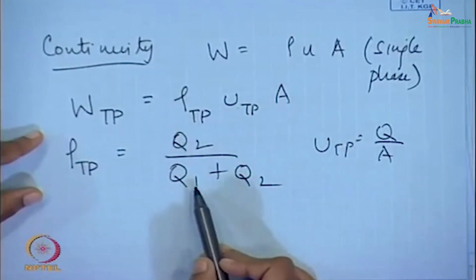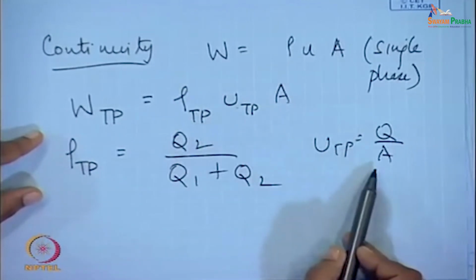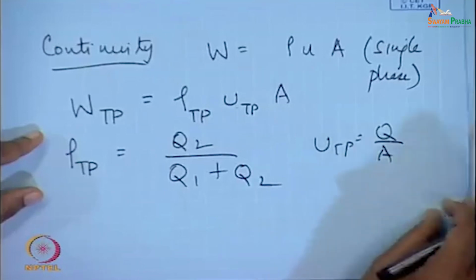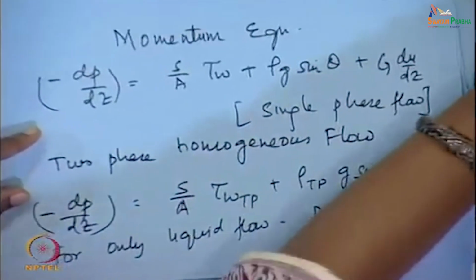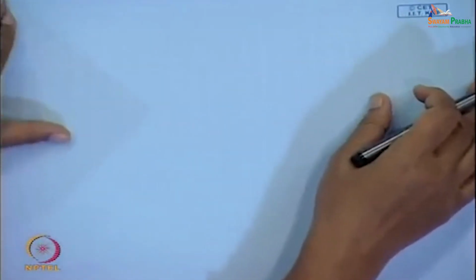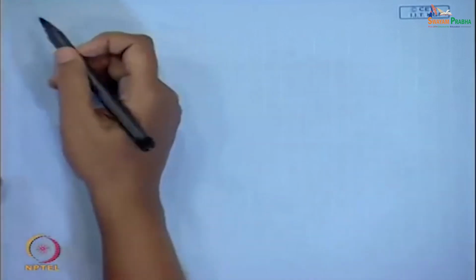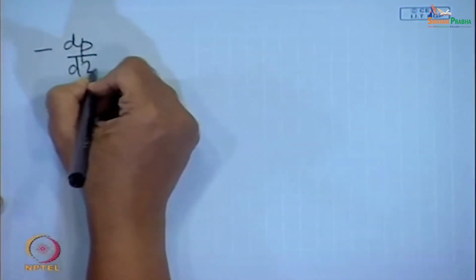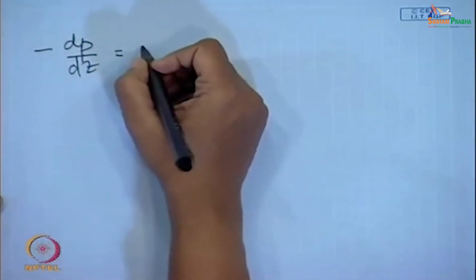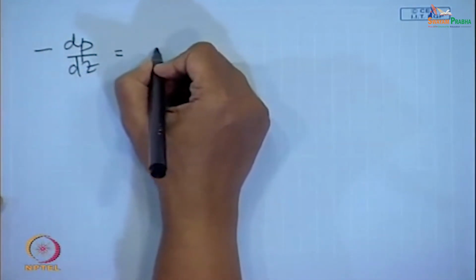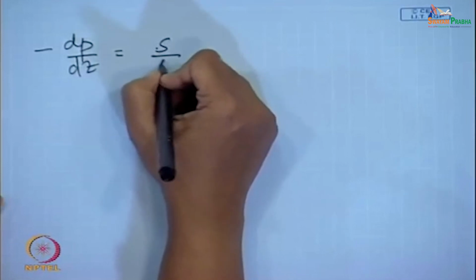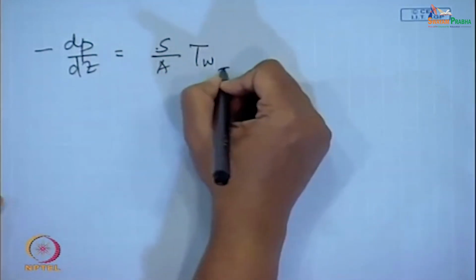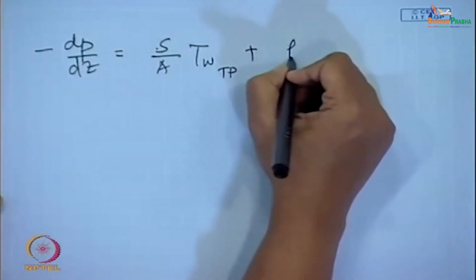Rho_TP, which we can find out, u_TP, that also is an input parameter. If we take up the momentum equation, let me write it down once more. Some sort of overwriting has taken place there. So, therefore, this is going to be equal to, say, minus dP dz frictional, or I will put it in this particular way itself.